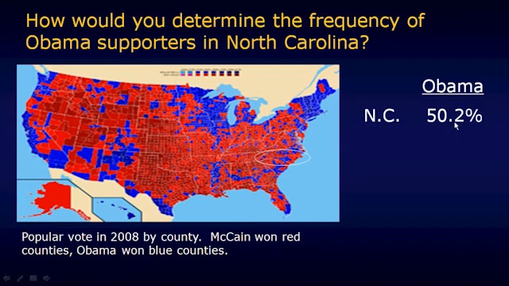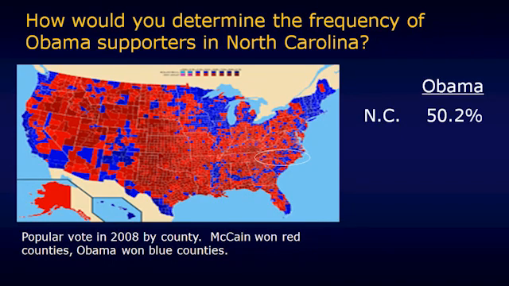Let me just say this. That is the right answer to our question, right? If we want to know the frequency, notice how I slipped that word in here. If we want to know the frequency of individuals who cast votes in North Carolina for Barack Obama in the 2008 presidential election, the correct, precise answer is 50.2%.